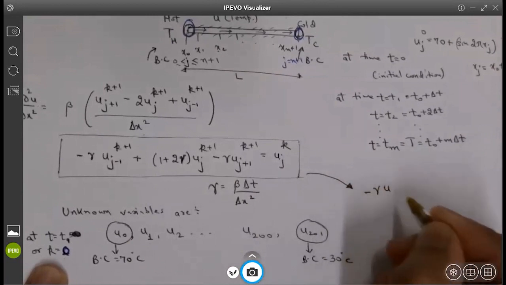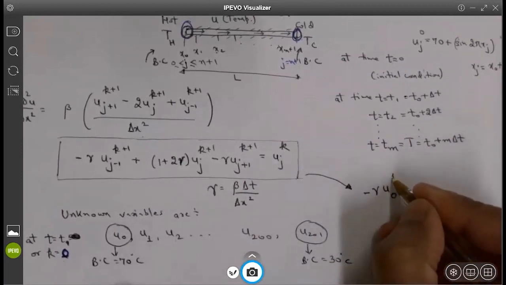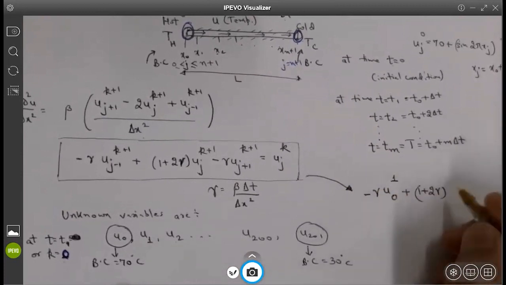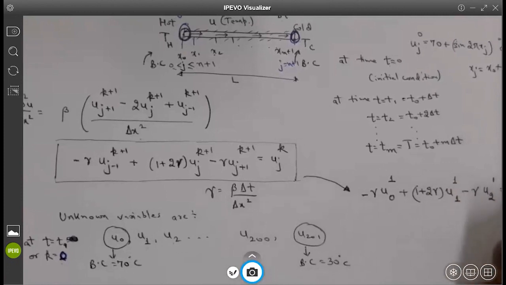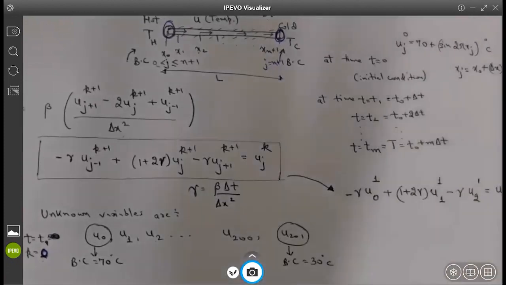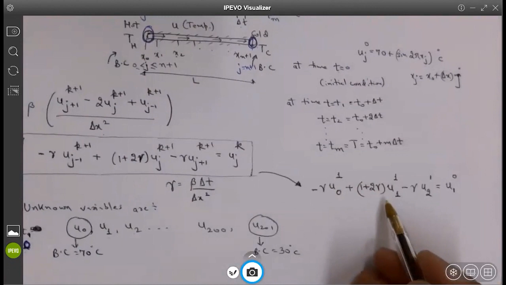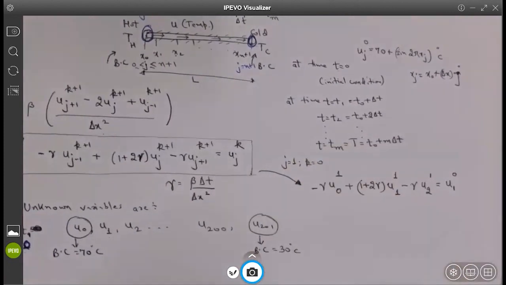Minus gamma u of 0 at 1, 1 plus 2 gamma u of 1 at 1, minus gamma u of 2 at 1 is equals to u of 1 at 0. Here, I started with j equals 1 and k equals 0.